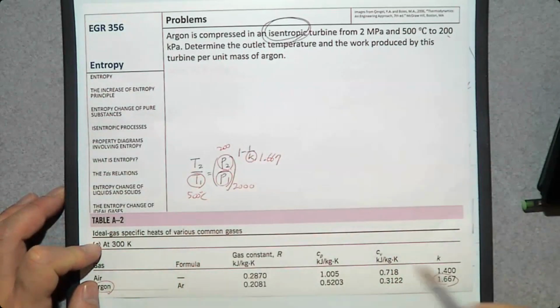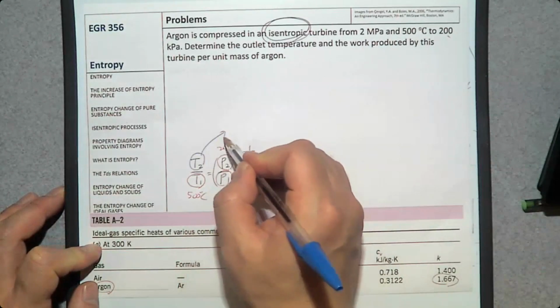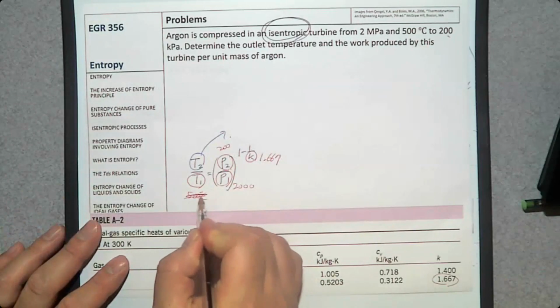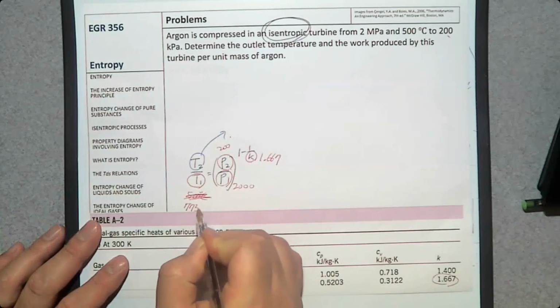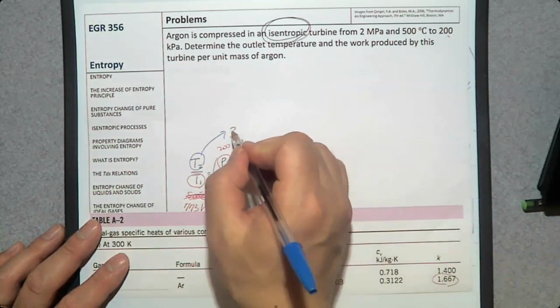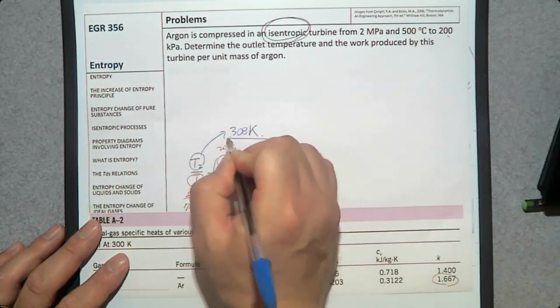Can you determine the exit temperature? Yes, you can. Remember to use Kelvin: 773 Kelvin. So the exit temperature is 308 Kelvin.